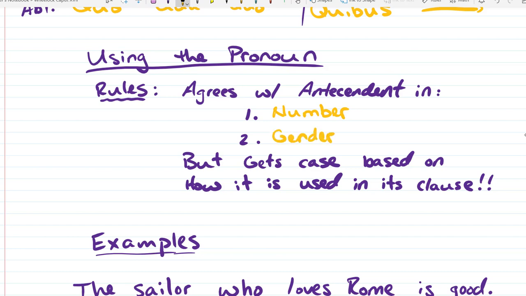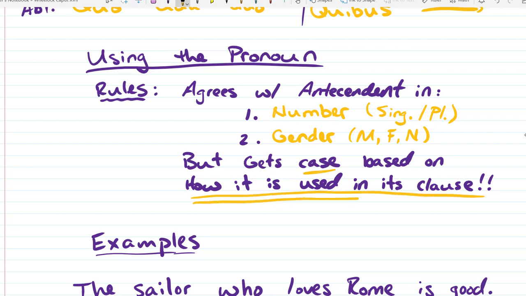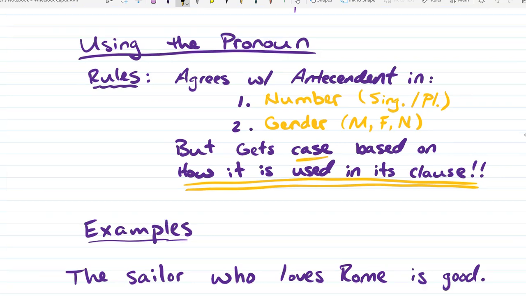Remember, number is that idea of singular or plural, while gender is either masculine, feminine, or neuter. Those two things come from the antecedent, but the relative pronoun is going to get its case based on how it is used in its own clause. What do I mean by that? Well, let's look at some examples.